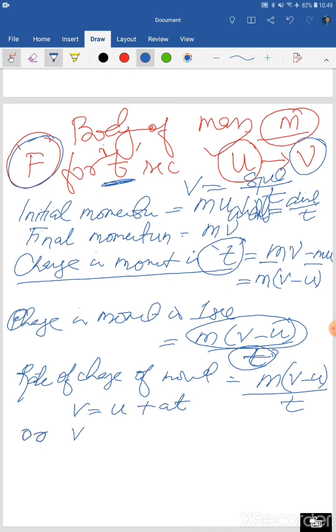So this is my Newton's second law. Are you getting my point? Okay, so we got Newton's second law.